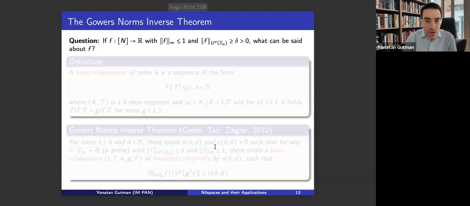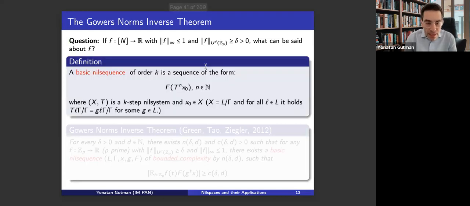In any case, returning to where we were, we are faced with the following question. We have some function, it's bounded by 1. It has some positive Gowers norm, and we want to conclude something about the function. So we introduce now the notion of a basic nil sequence of order k.